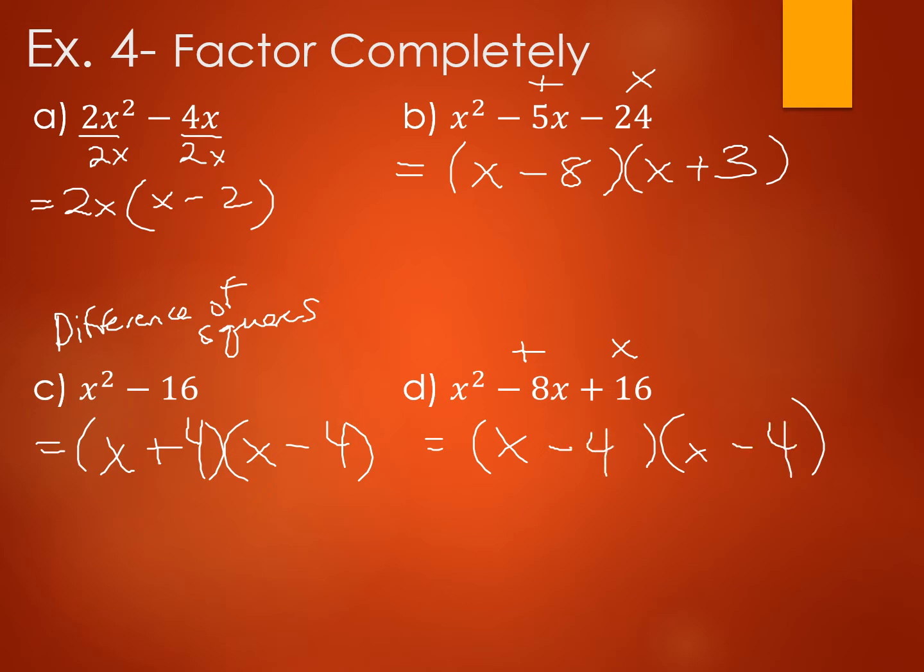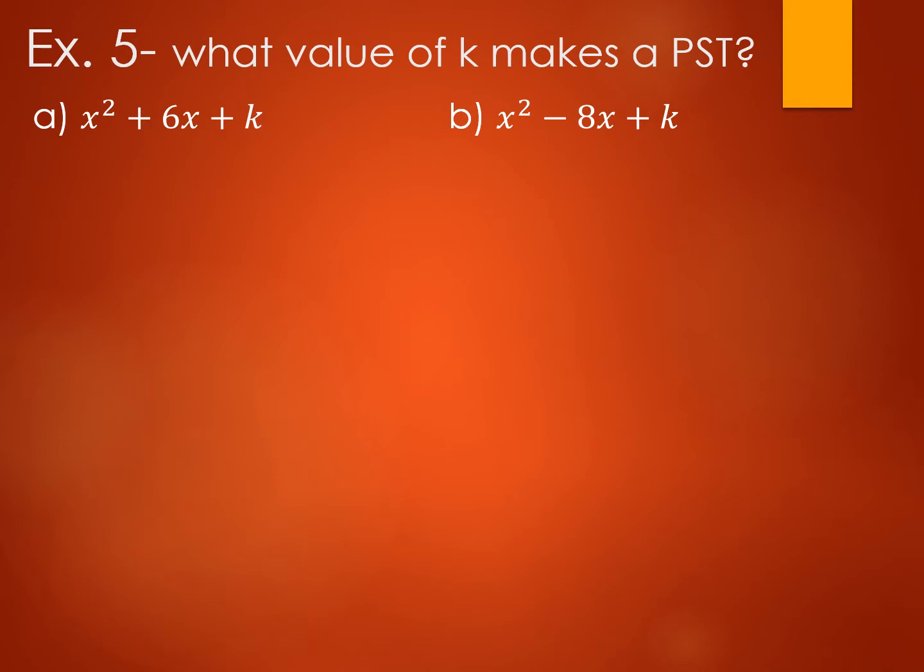And that one's actually called a perfect square trinomial, because both of these are the exact same. So seeing that, what value of k makes each one of these a perfect square trinomial?